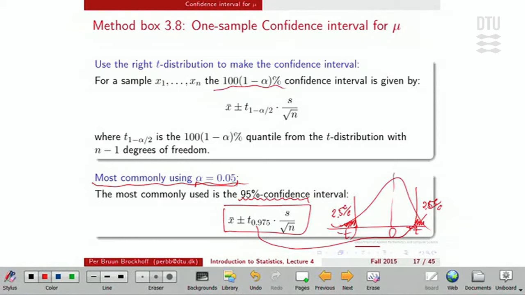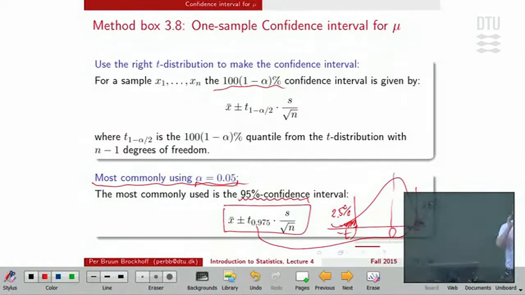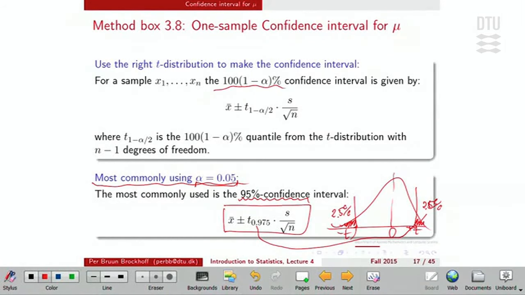We take the 2 from the t distribution. Now this plus minus 2 only goes together with the 95% confidence, right? If I want 99% confidence, it's not plus minus 2 anymore. It's maybe more like 3 or so. So the plus minus 2, like in the standard normal, goes with the 95% confidence, right?